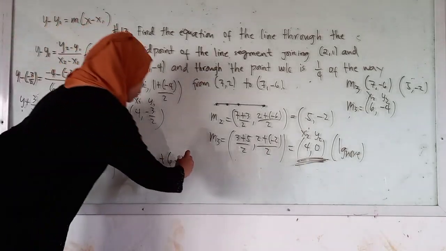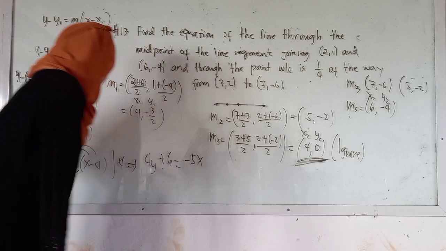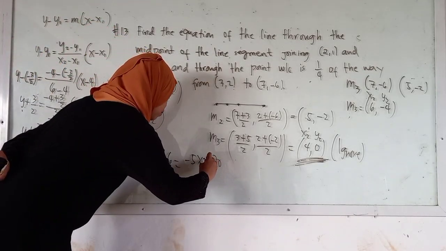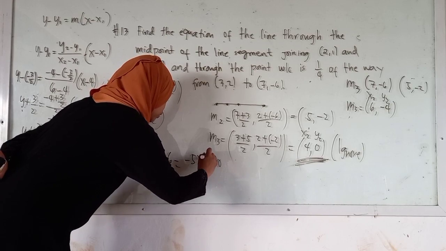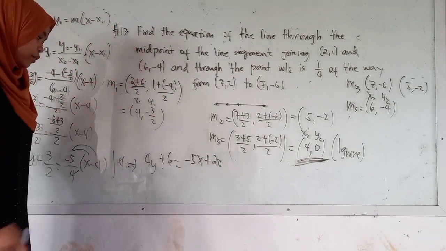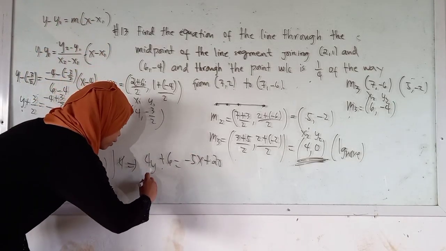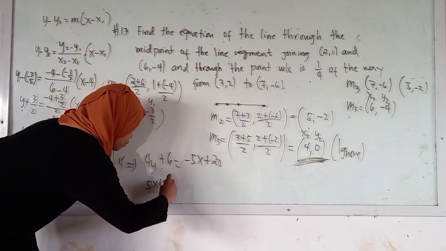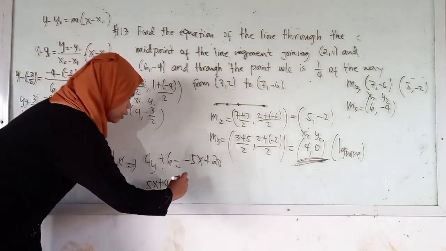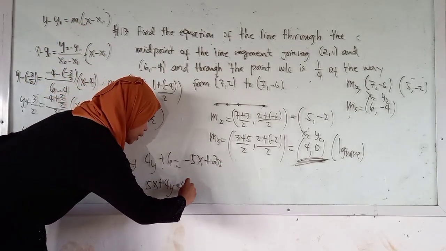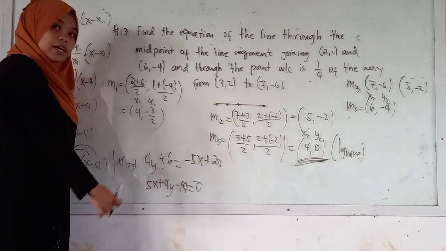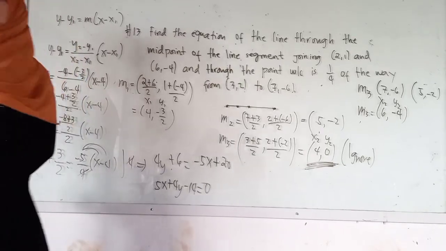So, that is negative 5x positive 20. Tama? Okay. So, writing this one into standard form, transpose ko yan. So, I have 5x plus 4y plus 6 minus 20, that is negative 14 is equal to 0. Take note that this is the standard form of a linear equation.